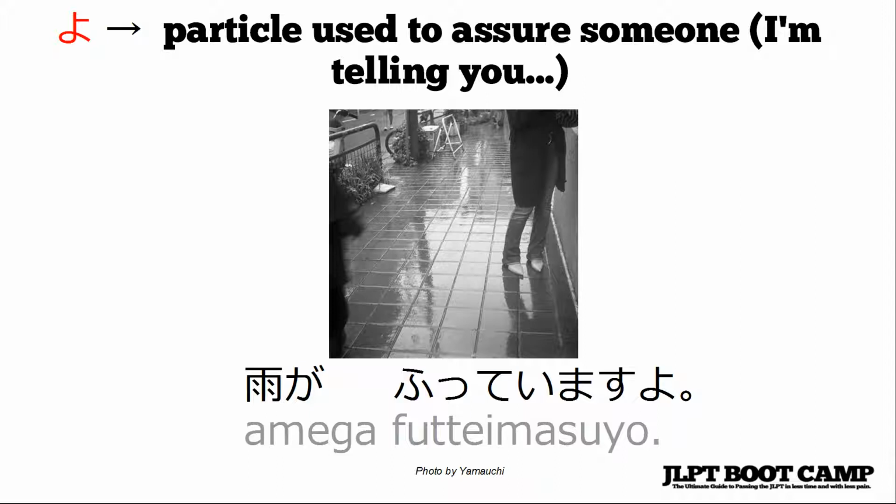So, for example, this sentence, "Ame ga futte imasu yo," is, hey, it's raining out. I'm telling you, it's raining out. You need to go get an umbrella. You shouldn't just go outside without an umbrella and hope to walk home and be completely dry. It's raining outside.